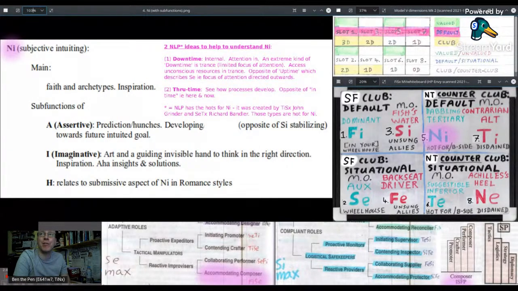So yeah, they can do, especially if they're a 4. And someone like Shannon on the channel would get typed as II in Socionics. Yeah.